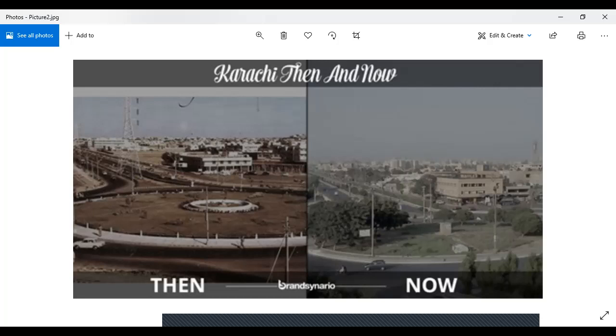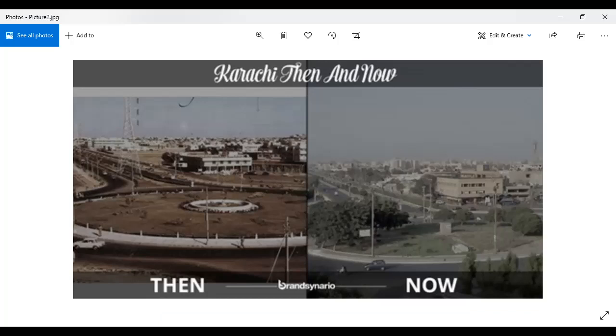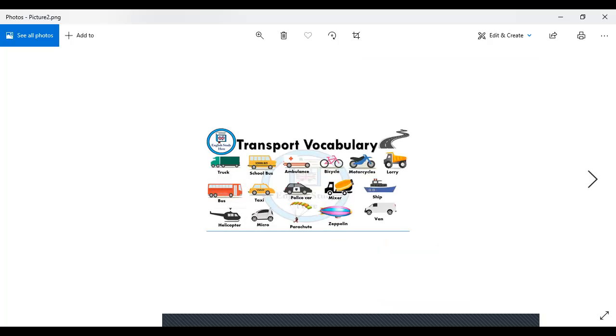There is greenery, there are trees where people can take shade. So these are the changes that have taken place over these past years, and this is how Karachi looks now. Let's look at the next picture.